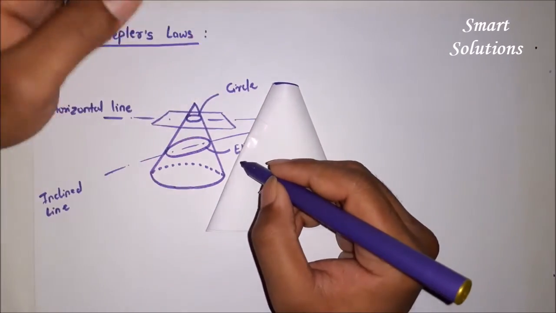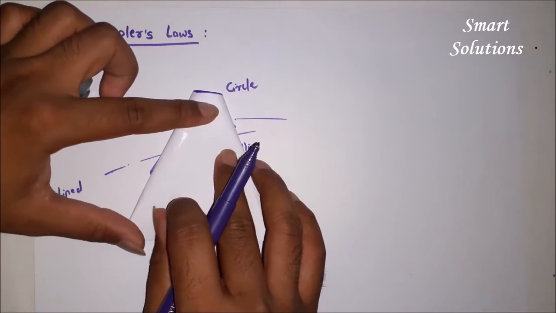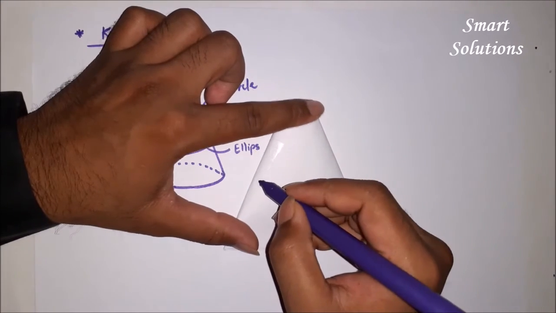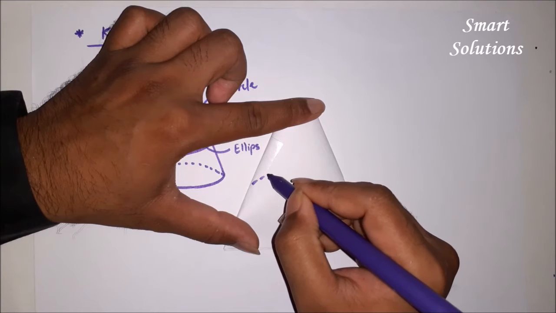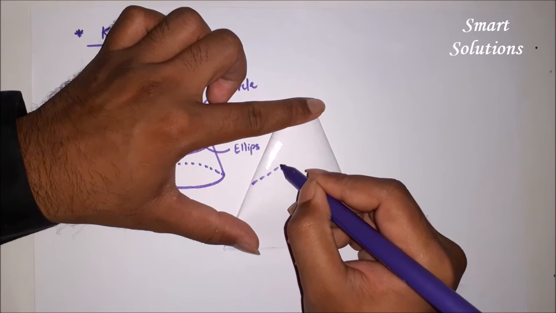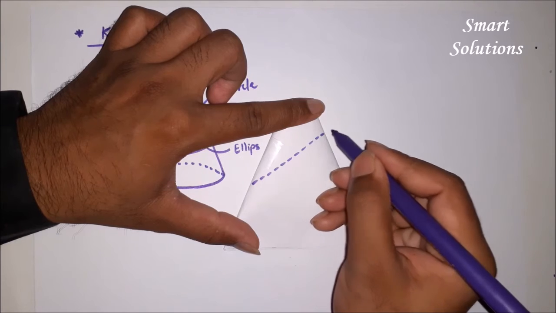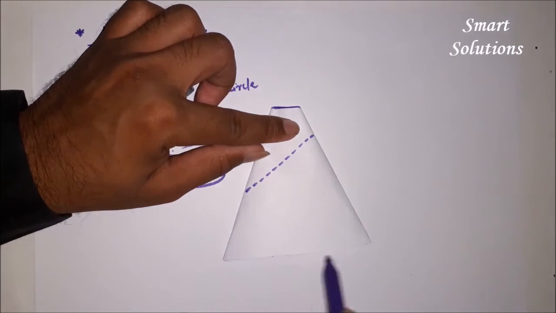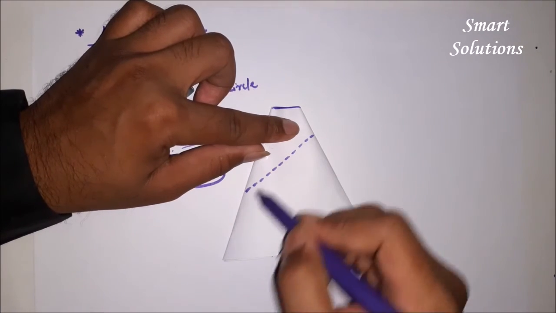Now we will cut this cone along some inclined line. For example, if I put this cone here, then we will cut it along this line. You can see that this is the base and this is a line which is not parallel to this baseline.